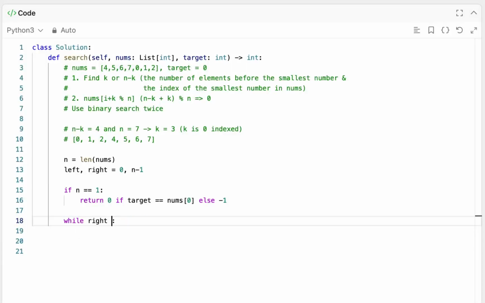I can say something like right is strictly superior to left plus 1.